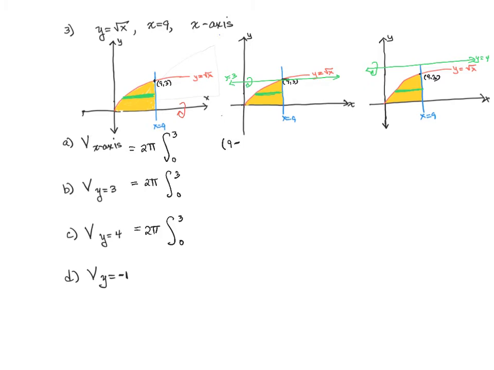So the right is x equals 9. The left is x equals y squared if we isolate the x. Sorry, I wrote the wrong variable there. Let's just erase that quickly and make that a y.